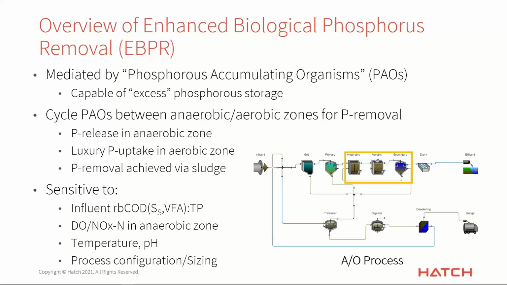That's another thing that we have to keep an eye on and make sure that we're not accidentally dragging back some nitrate and impacting that anaerobic zone and making it not really very anaerobic anymore. And then, of course, like any other biological system, there's temperature and pH and so on. And then, of course, the process configuration and sizing, and what mixed liquor and SRT you are going to run at, and what your internal mixed liquor recycle is. Those kinds of things are pretty well known, and you would enter all of that appropriate information into the model, and it will help predict whether your system is going to work or not.